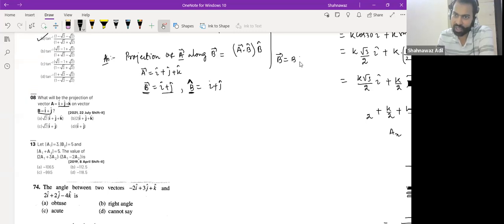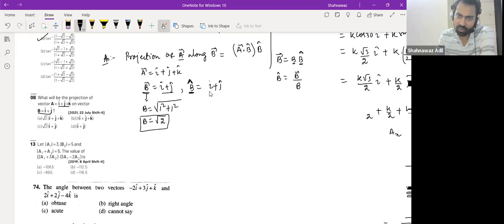This is B and B hat, magnitude and direction, right? The unit vector is just the vector divided by the magnitude. And what is the magnitude of this vector? This is simply root of 1 square plus 1 square, so this is root 2.